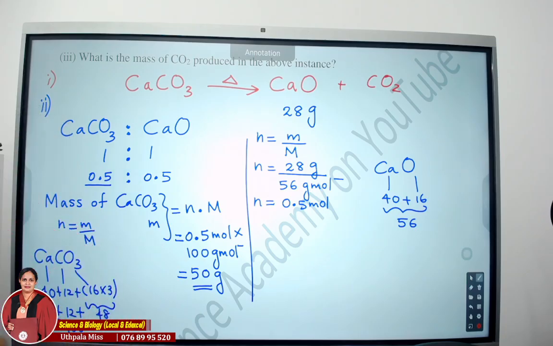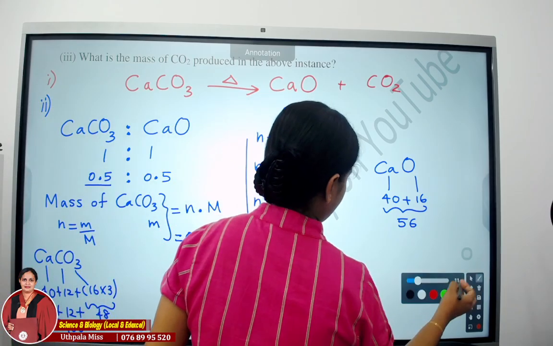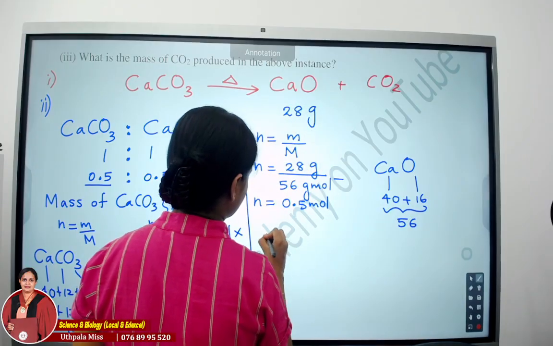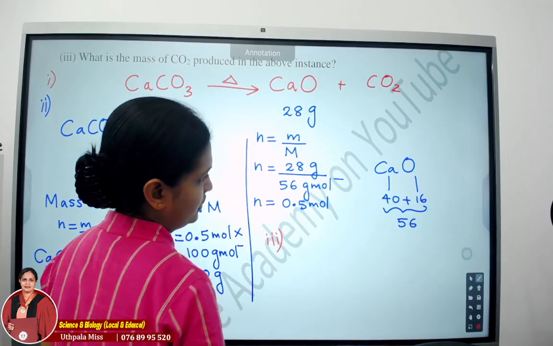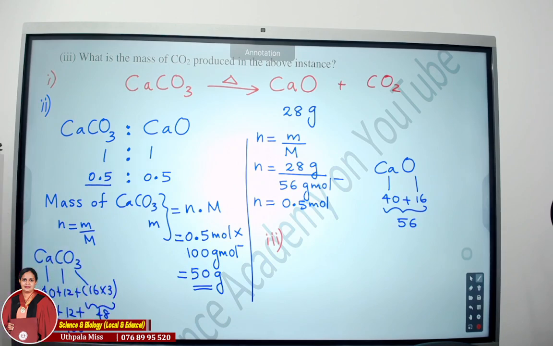ඊට පස්සේ අහනවා what is the mass of carbon dioxide produced in the above instance. හොයන්න බලන්න. Mass of carbon dioxide produced in the above instance. හෙව්වද? Yes. Tenuja, what's your answer? Yes, Tenuja. ඉක්මනට හදන්නකෝ.